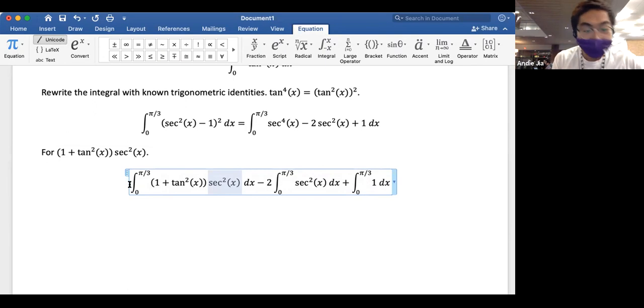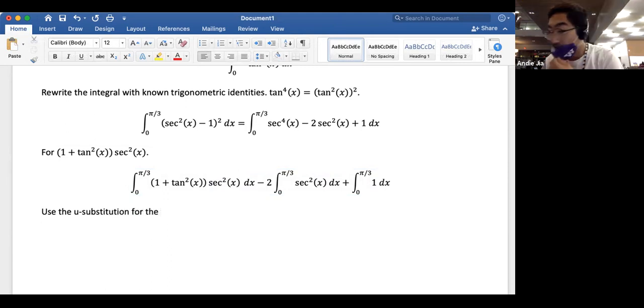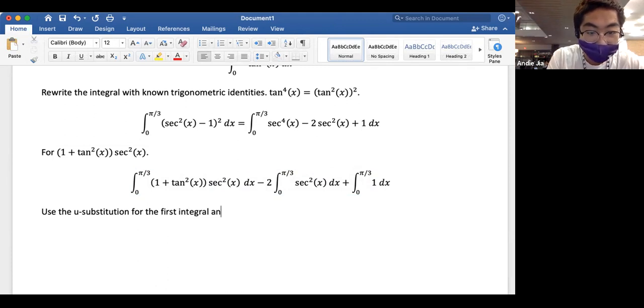No. I need to check the message, see if I missed something. So use substitution for the first integral and compute.